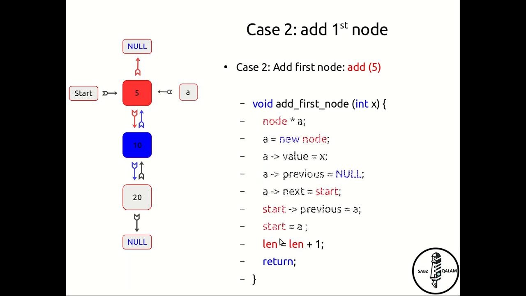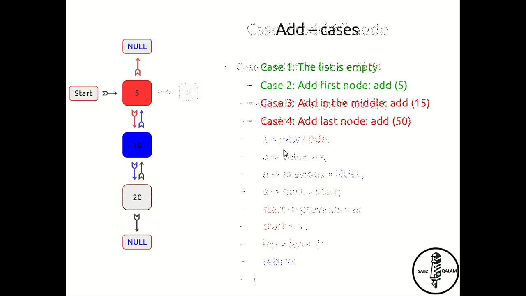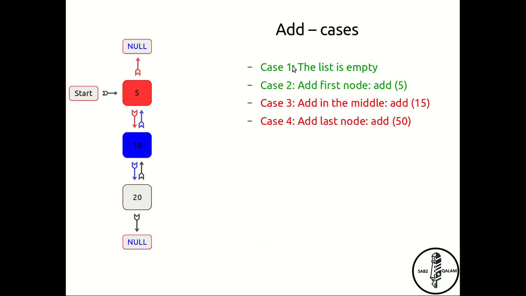Okay, so this is the whole add first node code, and you can try it while you watch this video and before moving on to the next slide or the next lecture. So we've already covered case 1 and case 2, and in the next lecture we're going to discuss how to cover adding a node in the middle and adding a node at the end.